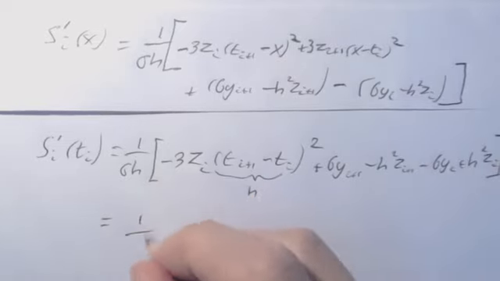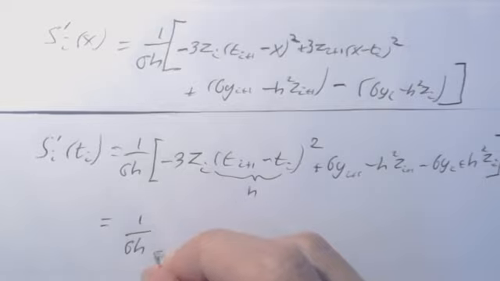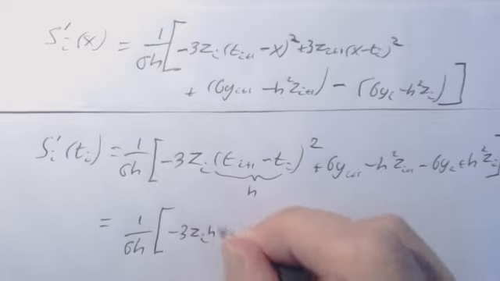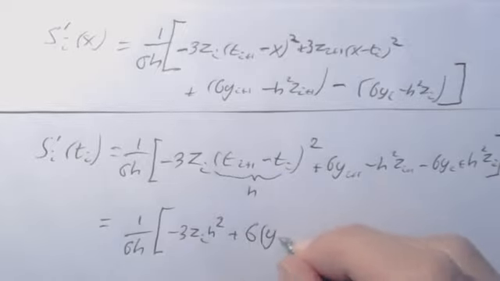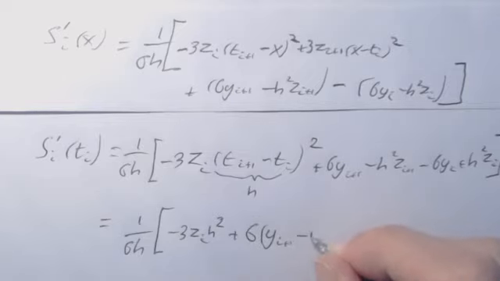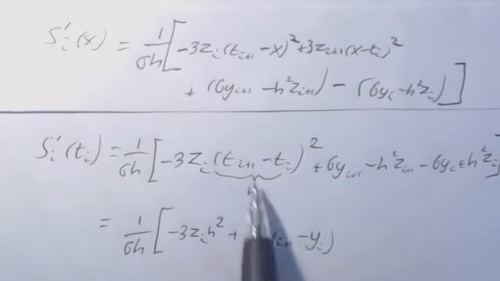Let's simplify this a little. So 1 over 6h, minus 3zi h squared, plus 6 yi plus 1 minus yi. Now, one of the mistakes I made last time was I said that this was h, just like I said that this was h. Obviously that's only true for the ti's, not the yi's.